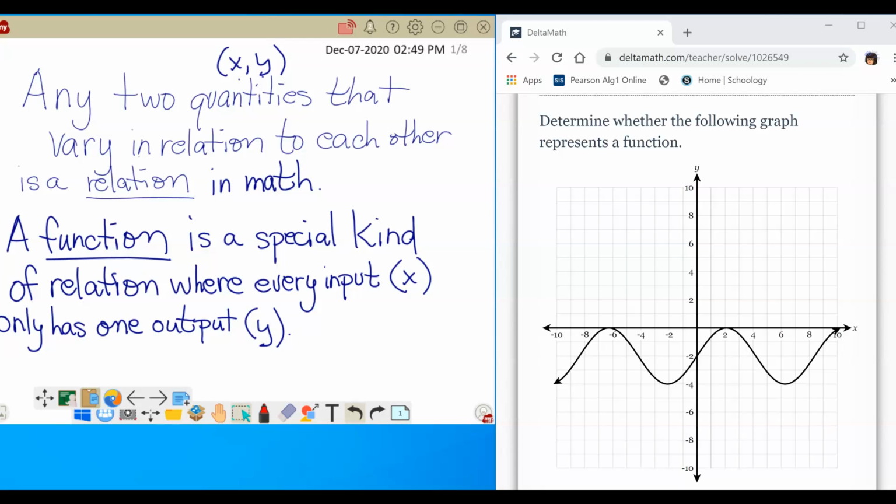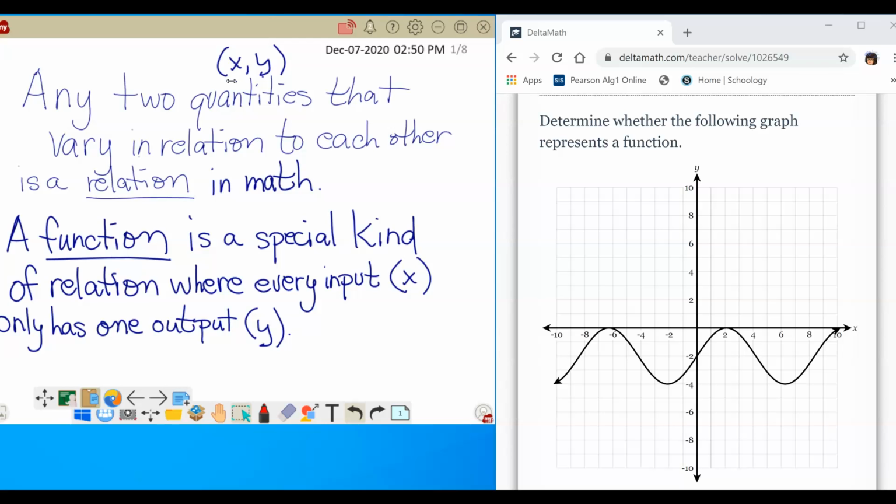First of all, let's talk about the definition of a function. Any two quantities, and when I say quantities, I mean x and y, any two quantities that vary in relation to each other, whether they vary at the same time, whether one is dependent on the other.